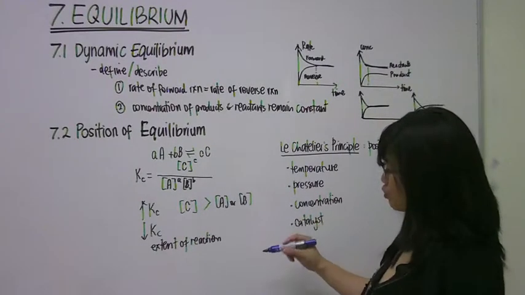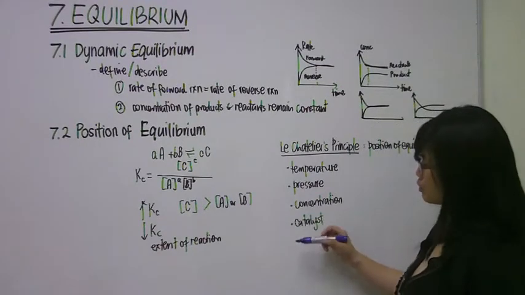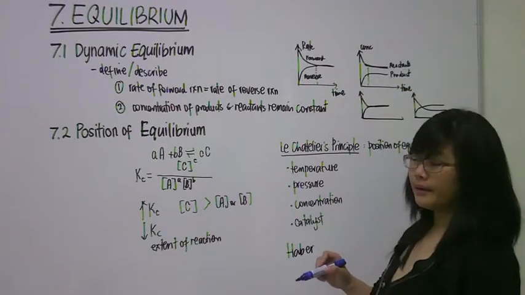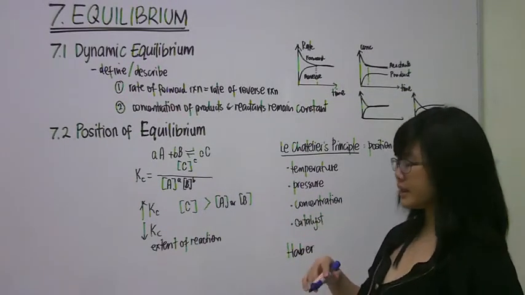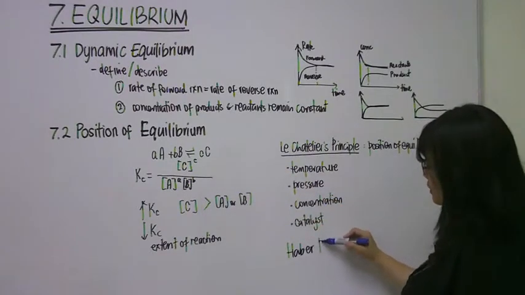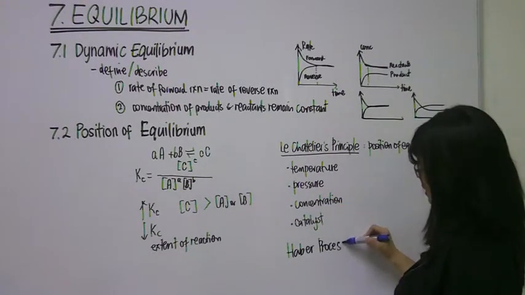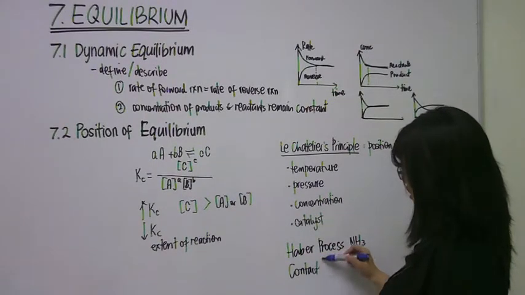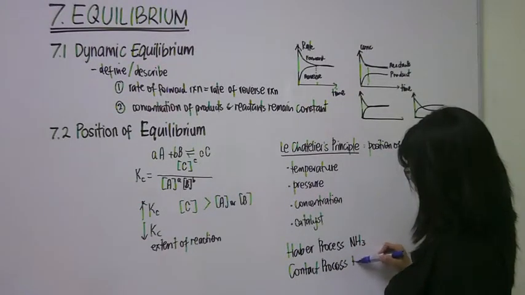You also need to know, or rather need to explain to the student about the 2 industrial processes which involve dynamic equilibrium, which are the Haber process for the formation of ammonia, and the contact process, which is the formation of sulfuric acid.